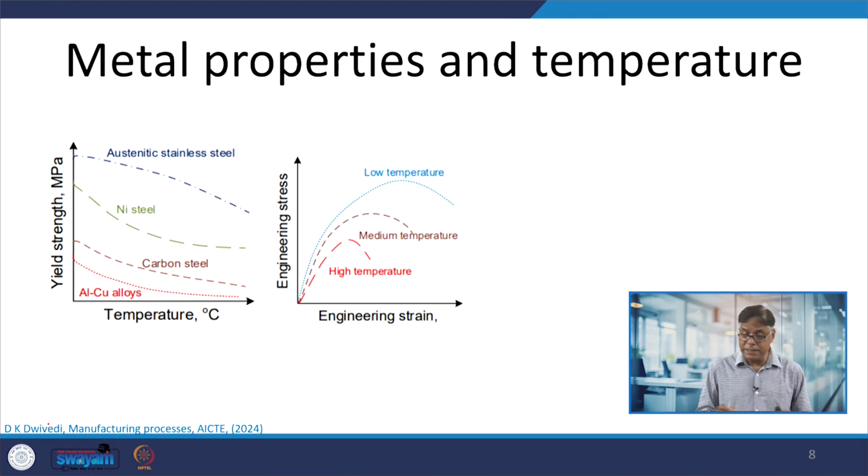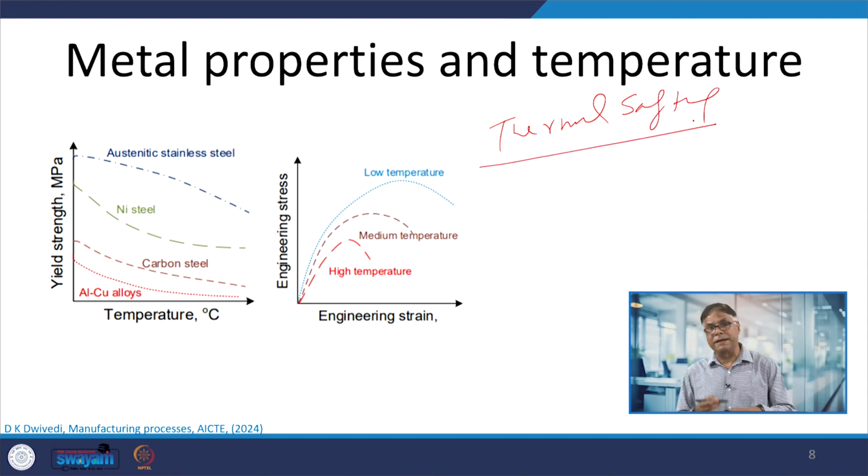Okay. This is another aspect, which we can call thermal softening. Increasing the temperature of the metal reduces the yield strength and increases the ductility, but the trend of reduction in yield strength with temperature will be different for different metals because of varying resistance to thermal softening.